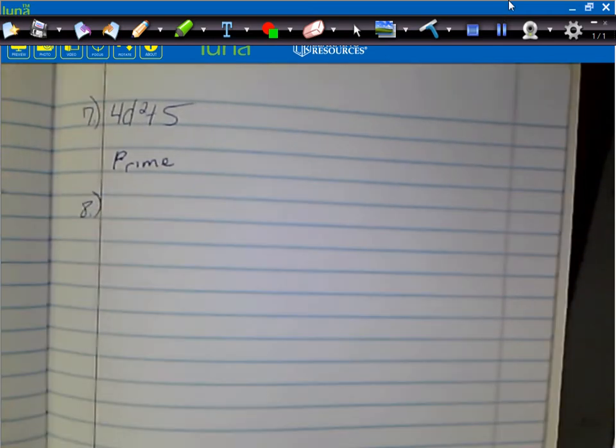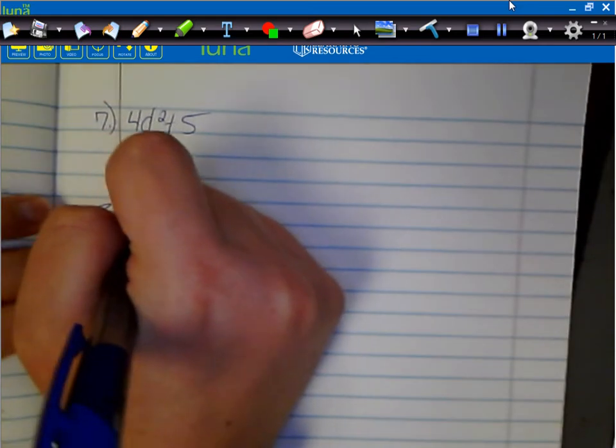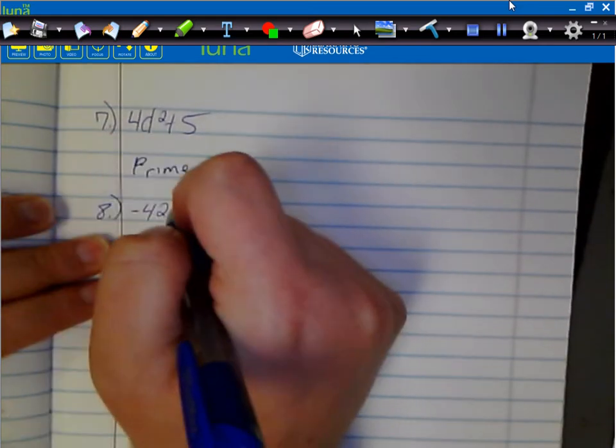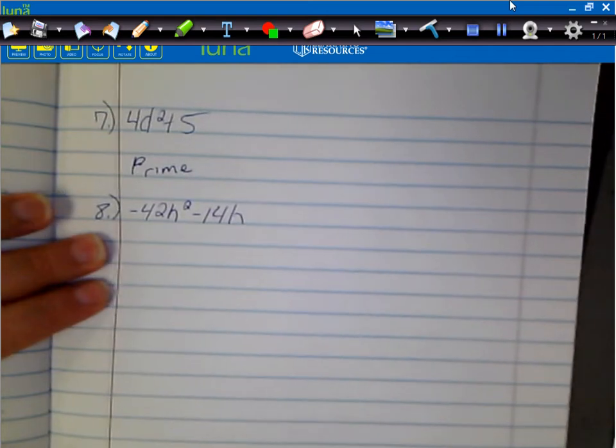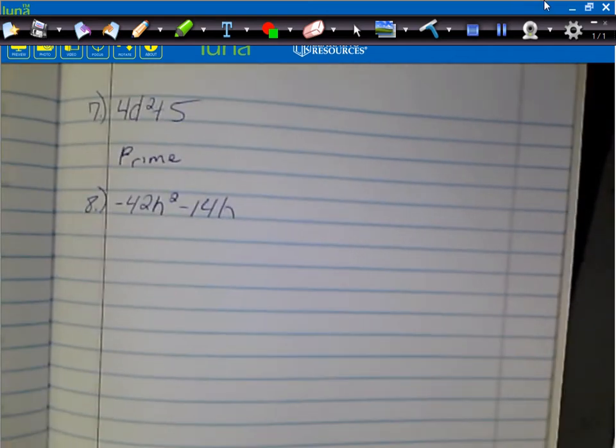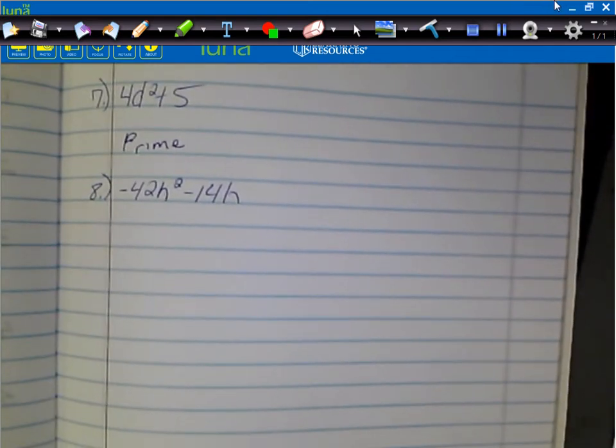Let's look at number 8. Number 8, we have negative 42h squared minus 14h. So here I have 42 and 14. So again, I'm going to go back to my factor sheet and look at 14 and 42.